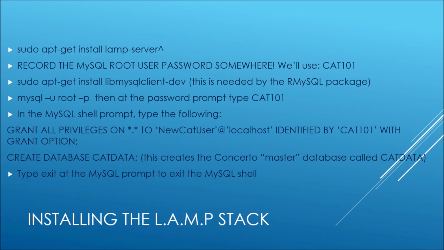Then we'll run an application that contains a dependency needed by the MySQL package of R. Then we'll navigate into the MySQL shell prompt, and type in two things required by Concerto. These are to grant all privileges to new cat user, and secondly to create the master database for the Concerto application, which in this case we'll call cat data. Then we'll exit the MySQL prompt, and that will complete installing the LAMP stack.